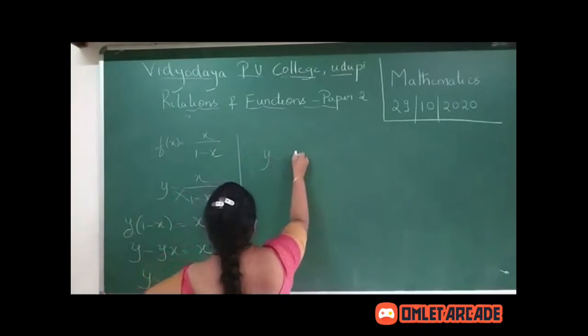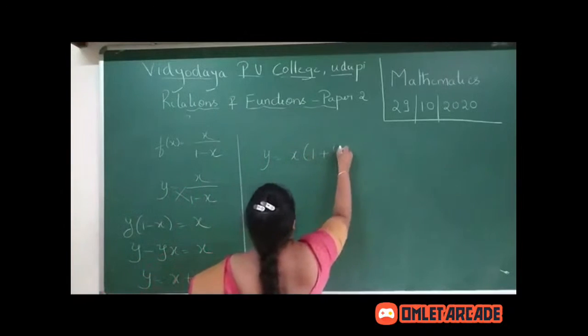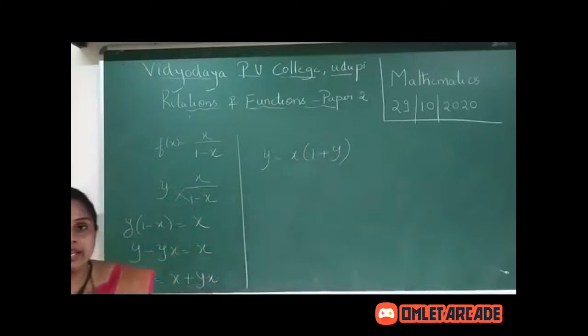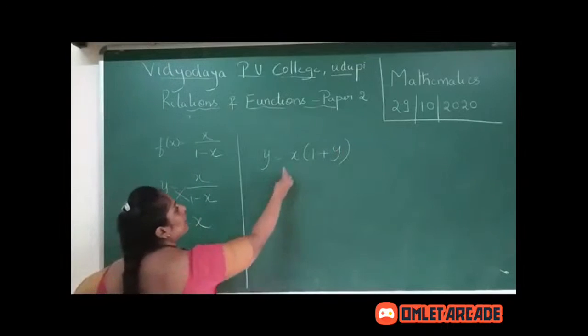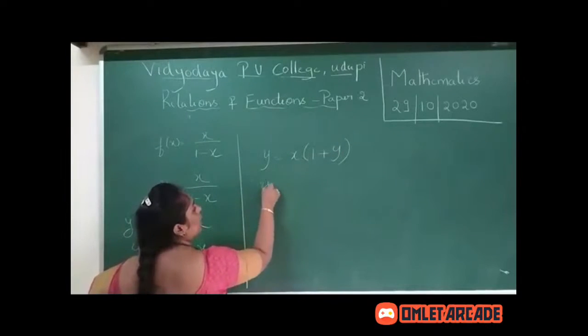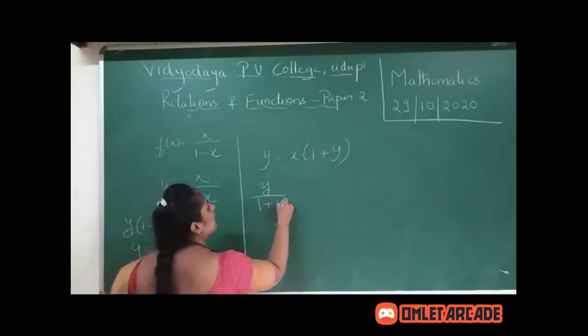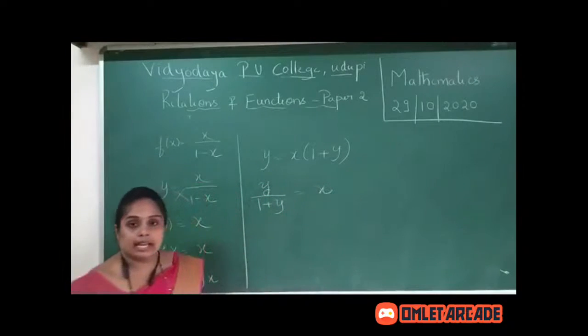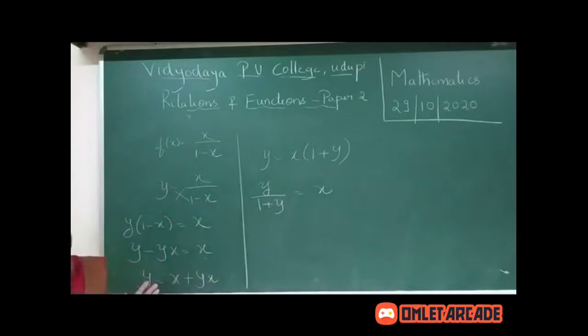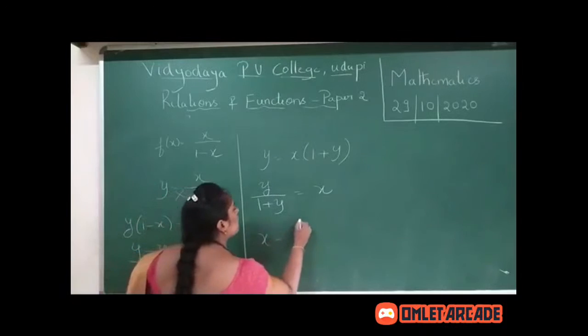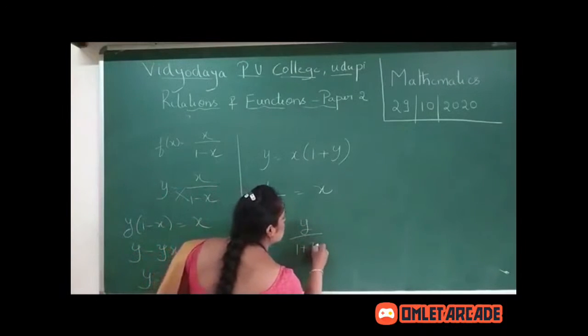So y is equal to, if I take x outside, I'll get 1 plus y. So here, what is x? This will come to the denominator. y divided by 1 plus y, and that is x. Now did I get x in the form of y? Right. x is equal to y divided by 1 plus y, I got.